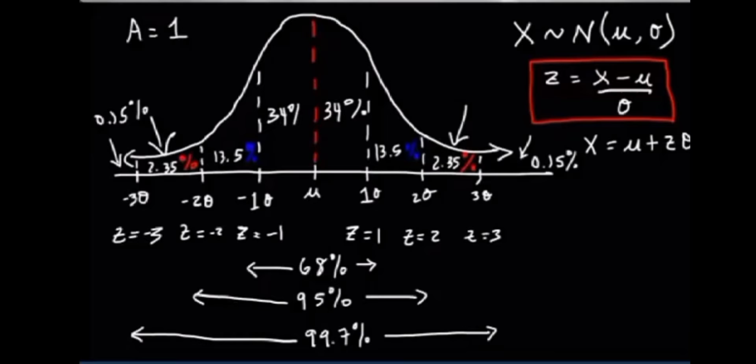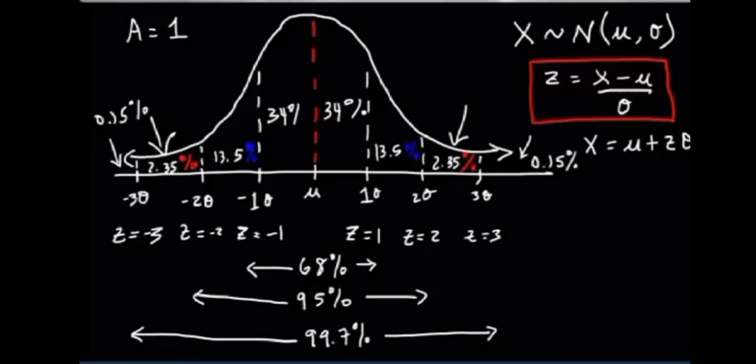So 68 minus 95 divided by 2 is 13.5%, for 1 both negative and positive. So 95 minus 99.7 divided by 2 is 2.35%.